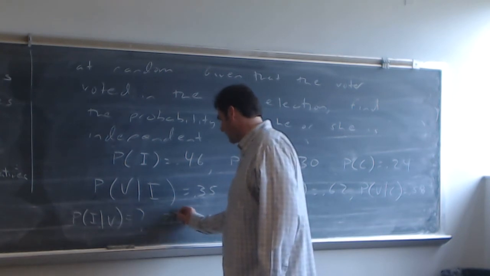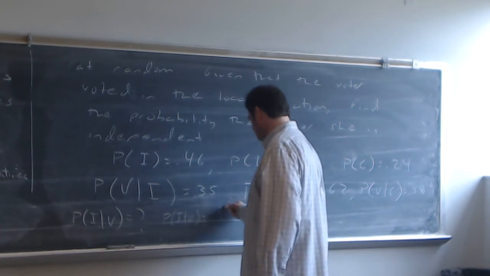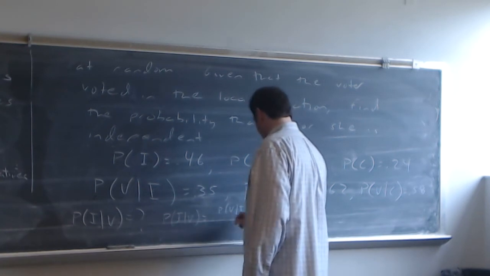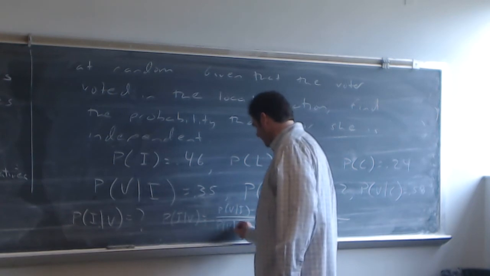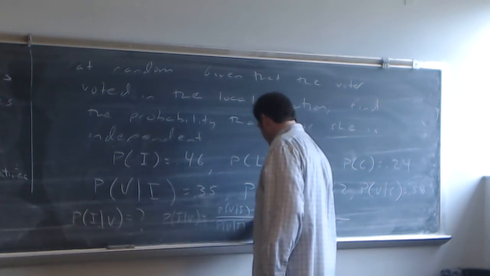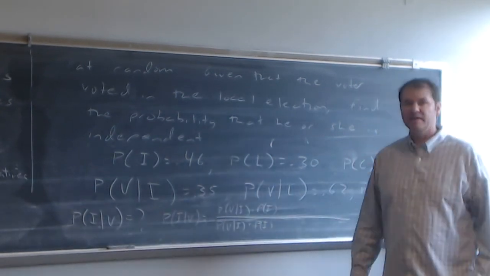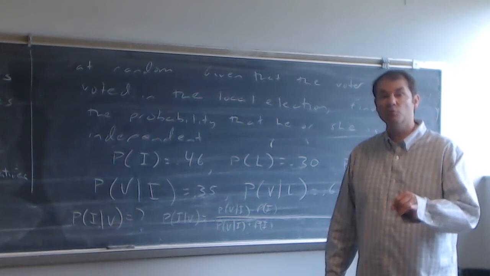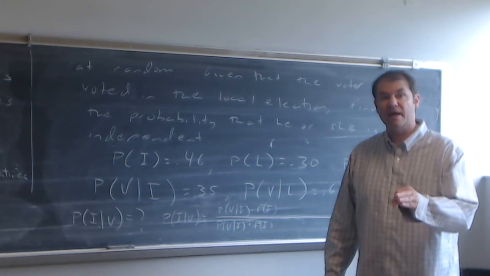So the probability of independent given voter should be equal to the probability that they voted given that they were independent, times the probability that they were independent, over the probability that they voted given independent times the probability of independent. And I need a sequence of mutually exclusive and exhaustive events. In this problem those are the independents, the liberals, and the conservatives.